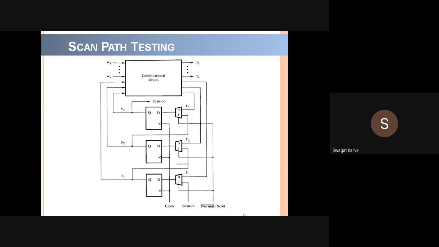There are different methods for sequential logic testing also that we will discuss. What are the methods that are available for the testing of sequential logic circuits?